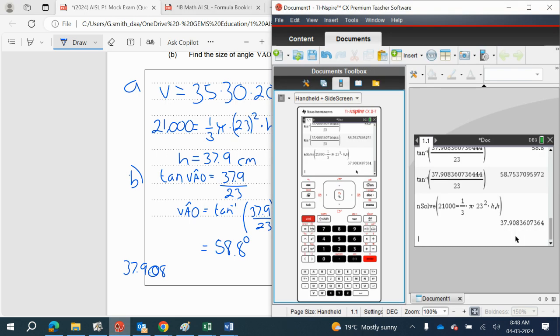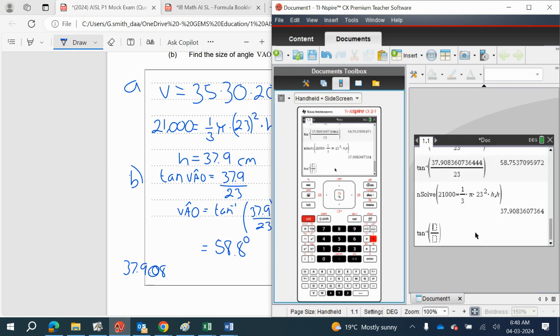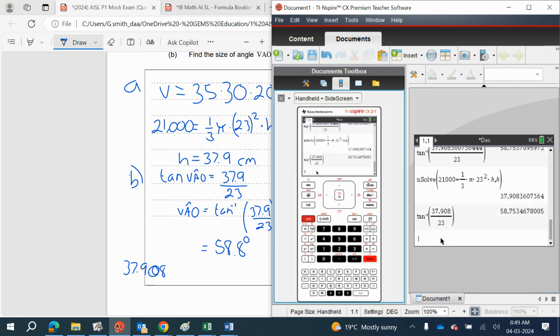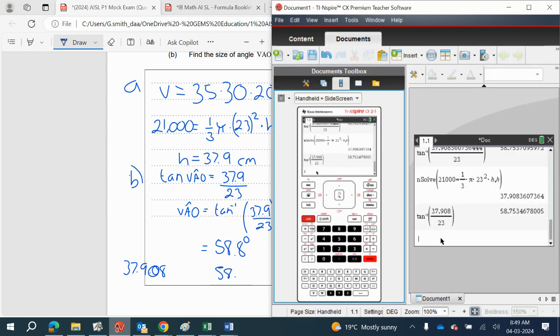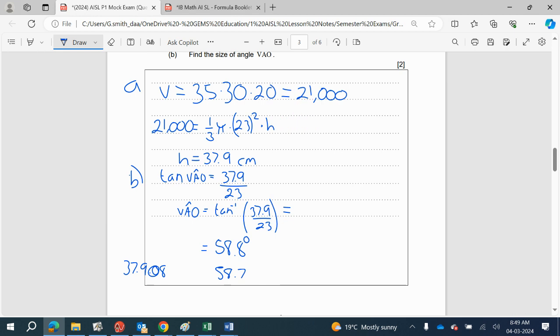But then on the calculator, they use that value and then they give lots of decimal places. 37.908 over 23. And then they write down 58.753. So some people give several decimal places and hope that this is accurate.